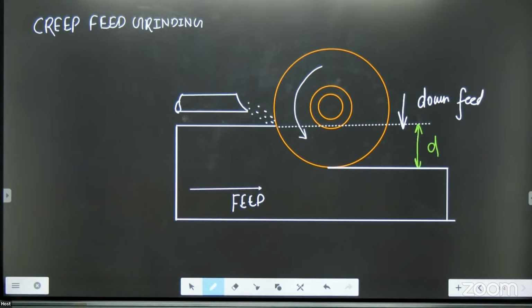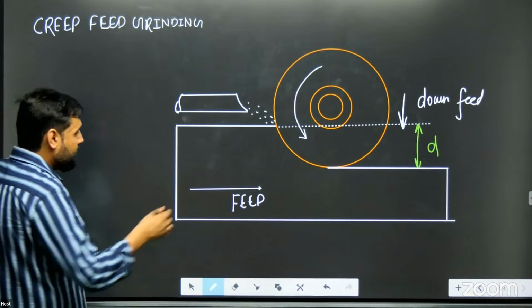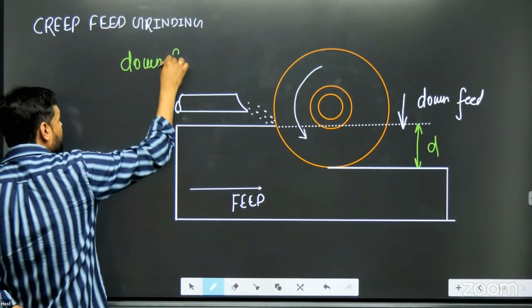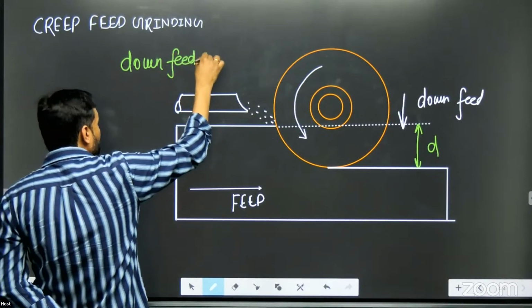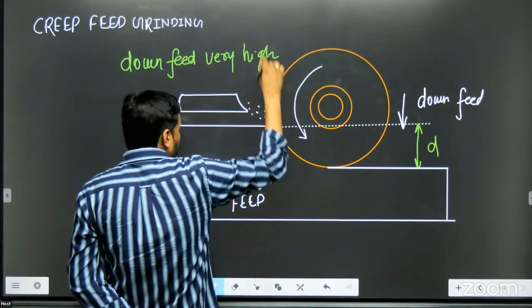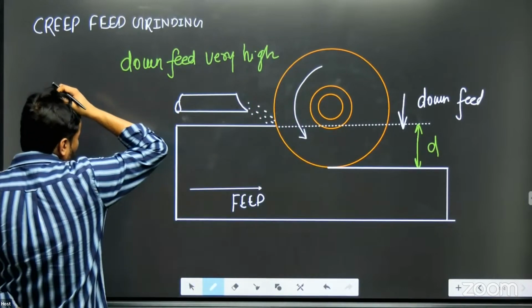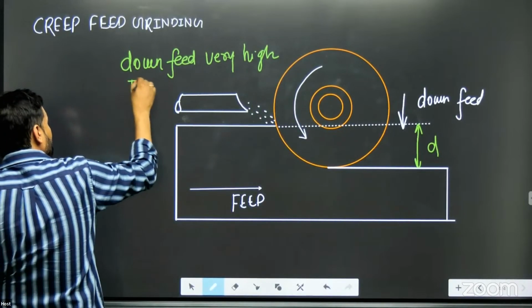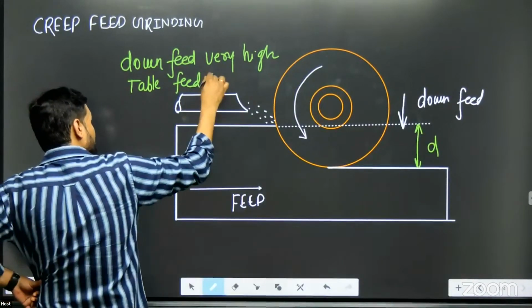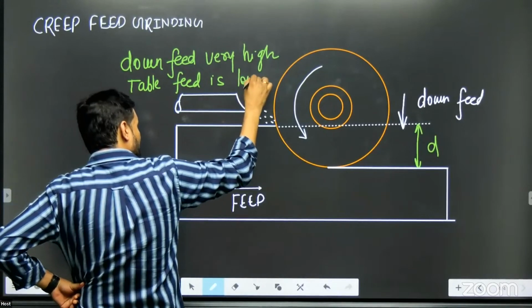So this down feed is very high. Due to that reason, the depth that you get in a single pass will be very high. By the way, table feed is less. Table feed is low.